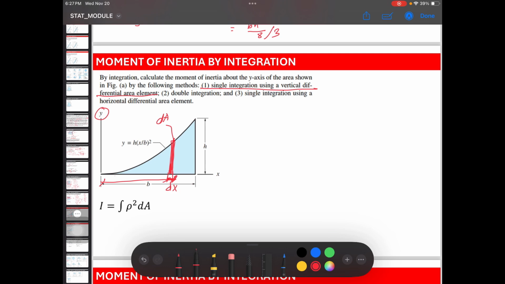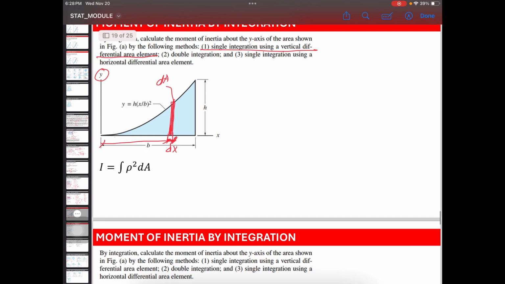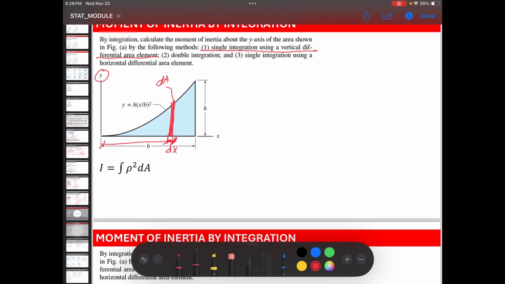And then, paano mo malalaman ano yung length naman? Kasi kailangan mo to get the area, di ba? Length times width or base times height to get the area of a rectangle, which is yung imaginary shape ng ating differential area. So, ano magiging height nito?